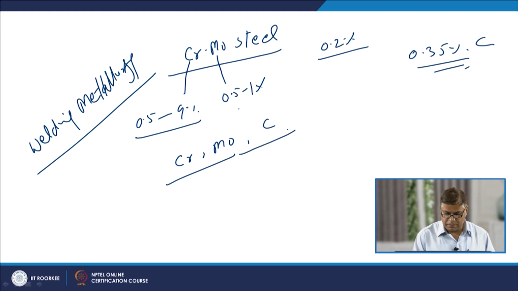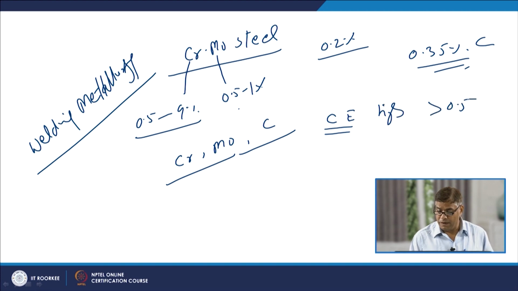Due to the higher weight percentages of these elements, the carbon equivalent of these steels is found to be very high, maybe greater than 0.5, and because of this it offers very high hardenability.